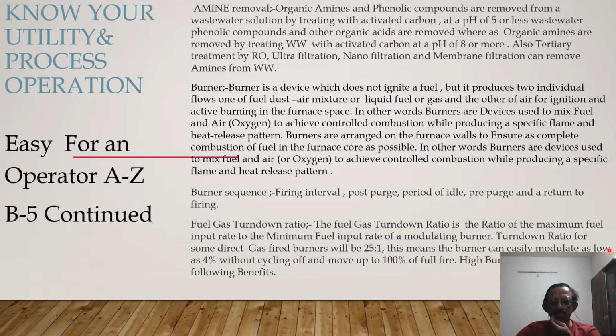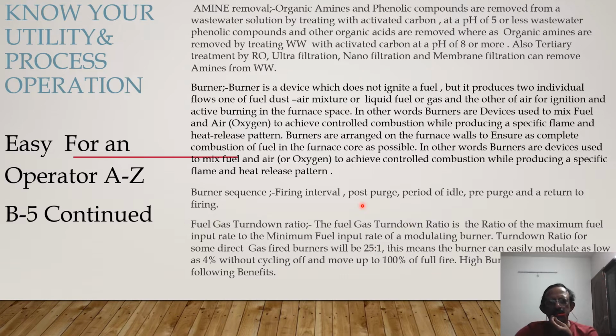This means the burner can easily modulate as low as 4% without cycling off and move up to 100% of full fire. A high burner turn down ratio has the following benefits, we can see in the next slide. So the turn down ratio is 25:1 in the gas-fired burner.